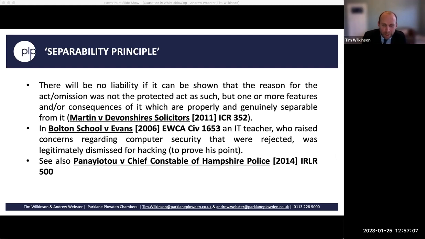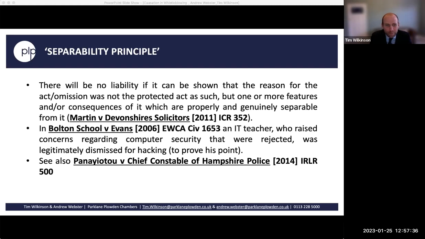The tribunal said the hacking was part and parcel of the disclosure and therefore couldn't be separated, but the EAT disagreed with that and said actually the claimant here wasn't dismissed because of the disclosure or for the disclosure. He was dismissed for hacking into the system without the authority to do so. And that in that respect, there could be and was properly a distinction made.